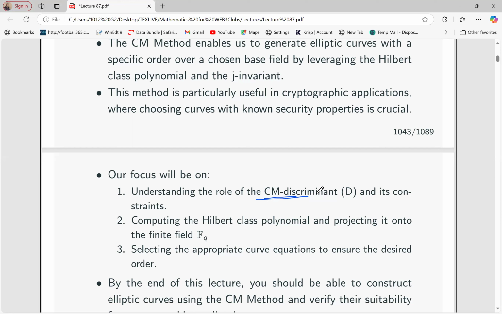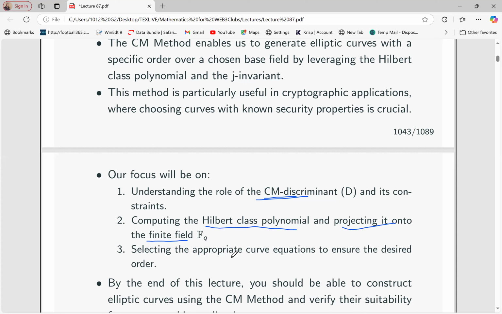We'll be looking at its role in calculating or constructing an elliptic curve. Then we shall see how to compute the Hilbert class polynomial, and after computing it, how to project it onto the field that we chose at the beginning.